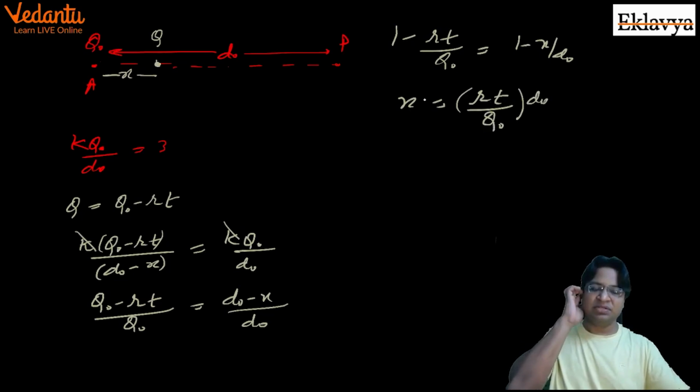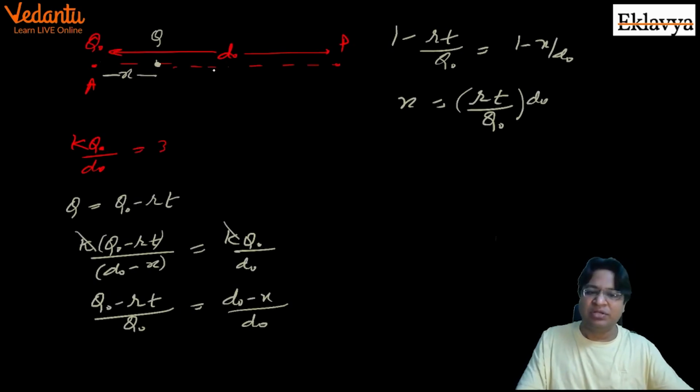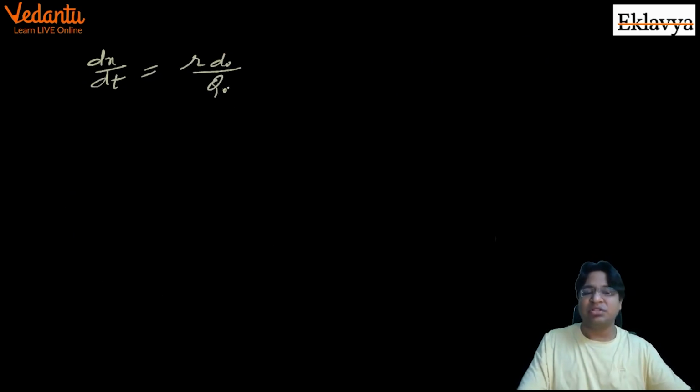So this is what we get. If I differentiate this, dx by dt will be the velocity. So it turns out to be R into D naught divided by Q naught. So it's a constant velocity.